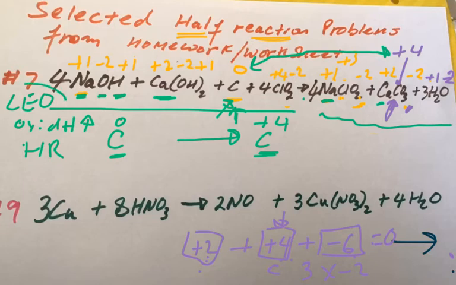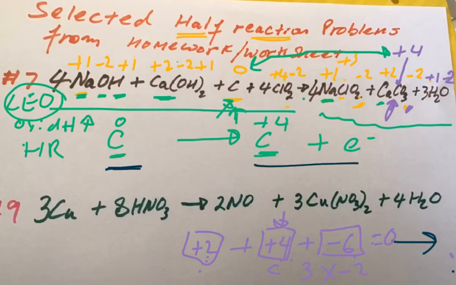And in the previous videos, people, where do you show the electrons if you're undergoing LEO? We put them on the product side. And the question is now, how many electrons do I put on the product side? Do I put a random number, or what am I doing? We want both sides of this equation to be equal in charge. So here's the deal.